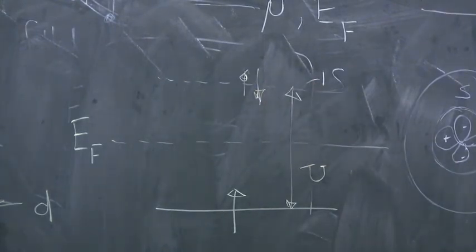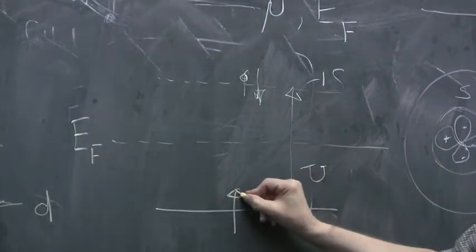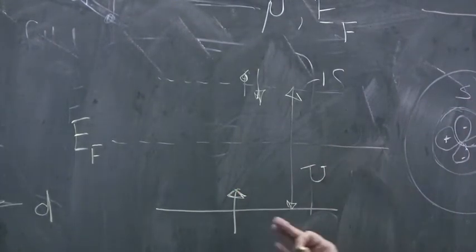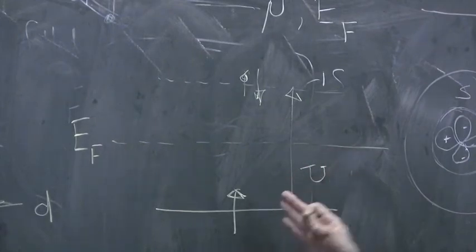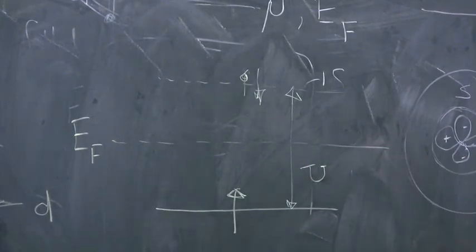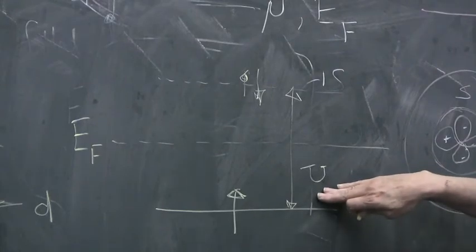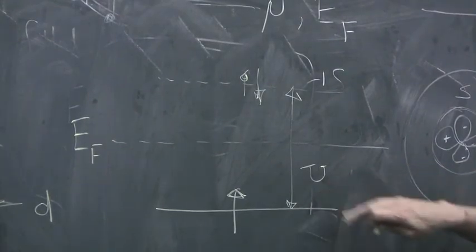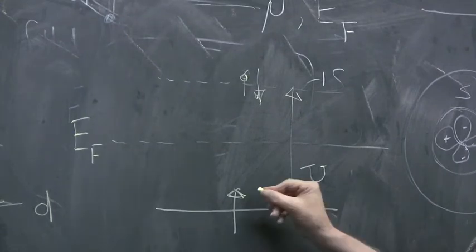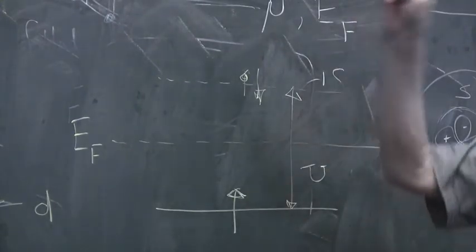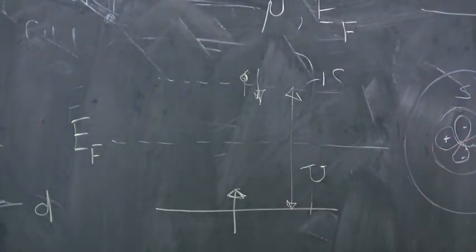And you can see why this leads to magnetic order. It pushes you to the case where you have one electron, an integer number of electrons on the site. In this particular case, it's one. And if you try to put two there, you pay the price of this repulsive interaction. And so the system will tend to stabilize either the up state or the down state, one of the two.